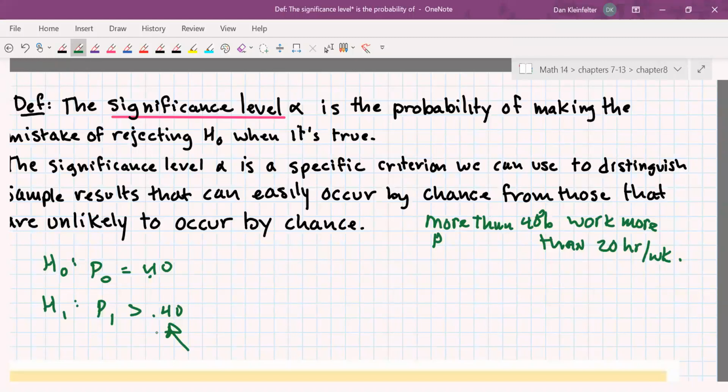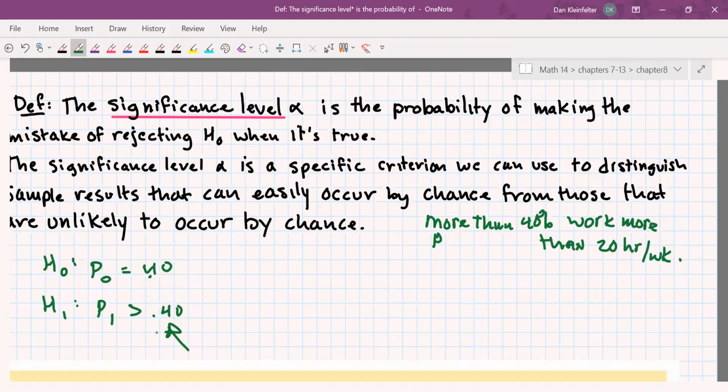So restating that more close to our example, my hypothesis here is that the proportion of COD students who work more than 20 hours a week is more than 40%, okay? That may or may not be true. Let's say that I've gone out and gotten a sample and gone through all the calculations and I've decided, well, I think it is more than 40%. The alpha is the probability that I'm wrong, okay?